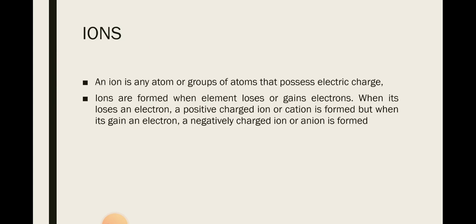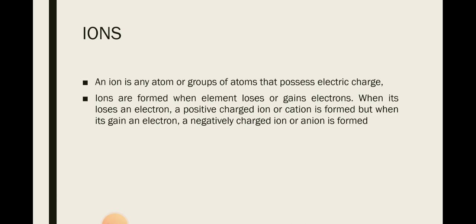Now we move to ions. What is an ion? An ion is any atom or group of atoms that possesses an electric charge. Ions are formed when elements lose or gain an electron. When an element loses an electron, a positively charged ion, or cation, is formed.